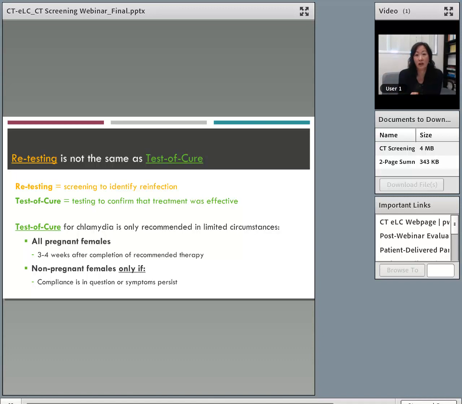When I order a test of cure on somebody, it's because I'm using a different antibiotic regimen than normally recommended, because they have allergies or because they're pregnant. And what we're doing with a test of cure is really looking at, did the antibiotics effectively clear the infection? It's the same test that you order, but the reason that you're ordering it is different.